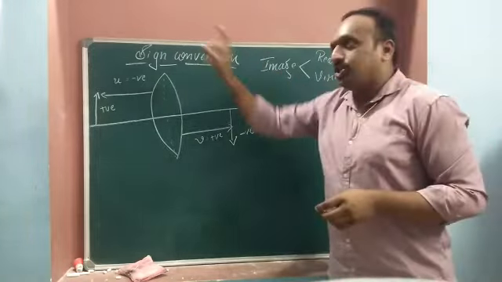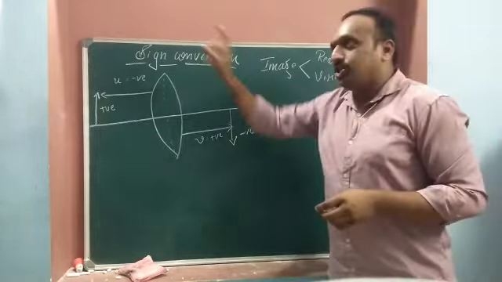And the same concept of sign convention that I am telling will be the same for the concave lens too. Like the convex lens, the sign convention will remain the same with the concave lens too, but only one change, that is focal length.